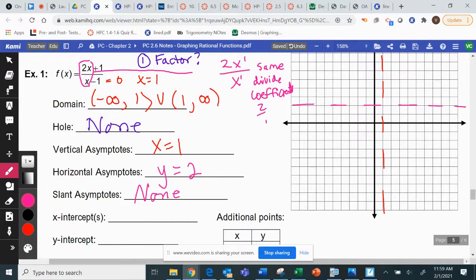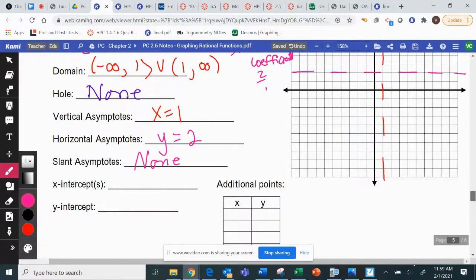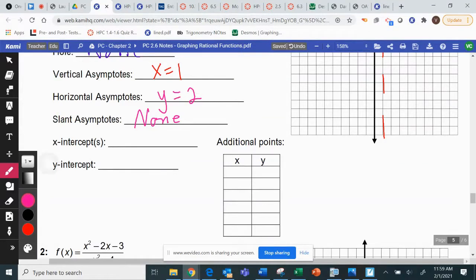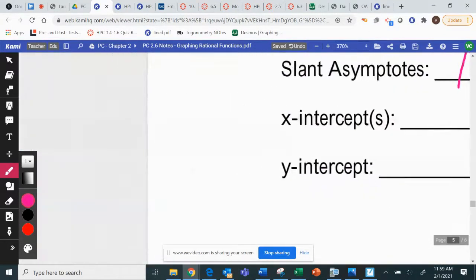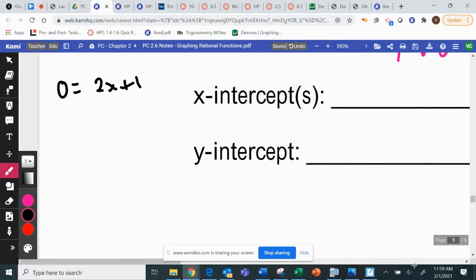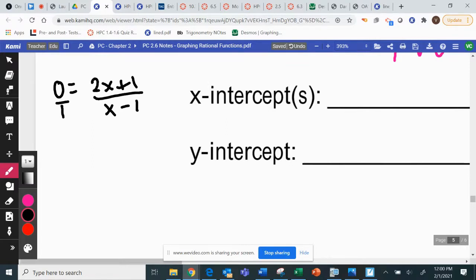So the x-intercepts would be when the equation equals 0, 2x plus 1 over x minus 1. Zoom in here. So the x-intercepts would make the equation equal 0. If I put this side over 1 and I cross multiply, then I get 2x plus 1 equals 0. And this will happen every single time if you cross multiply this.